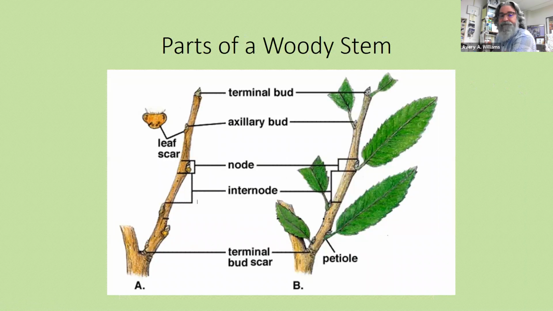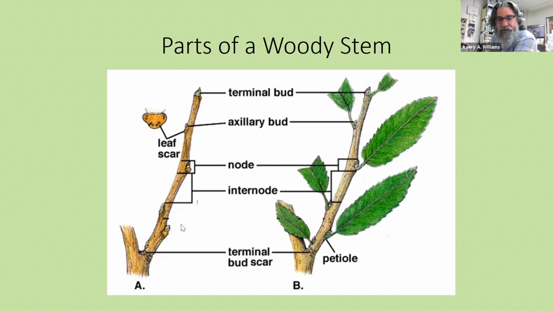Now here are parts of a woody stem. You can see again where the petioles attach to the stem. This is a stem in growing season, and this one with no leaves on it we call a winter stem or a winter twig.